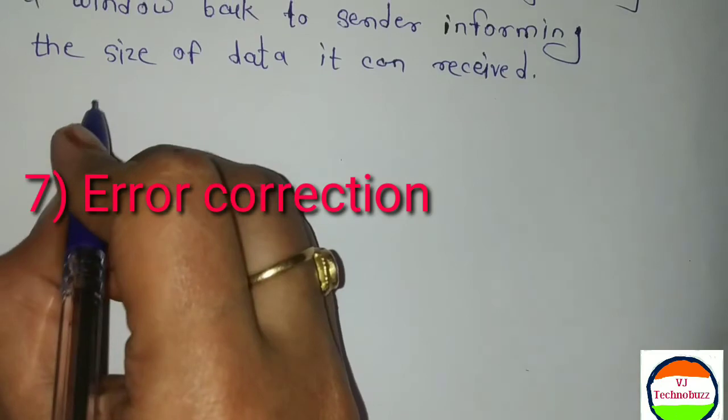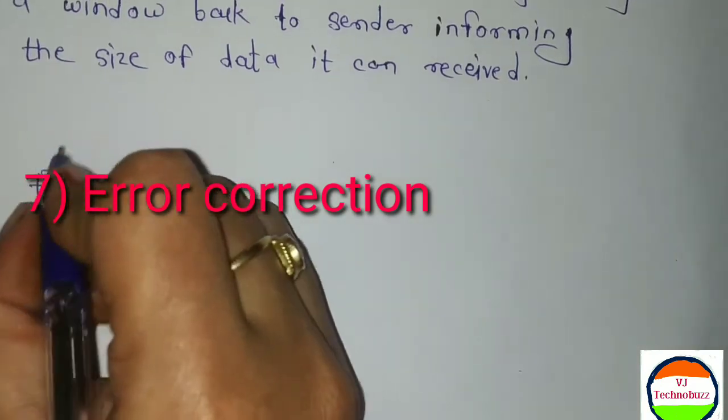Seventh function of the transport layer is error correction.